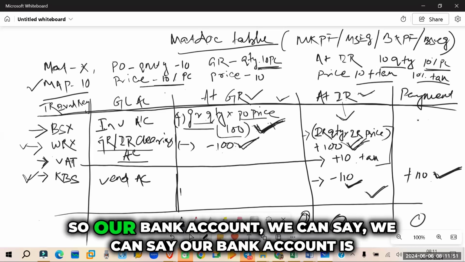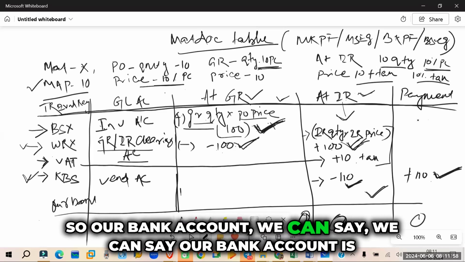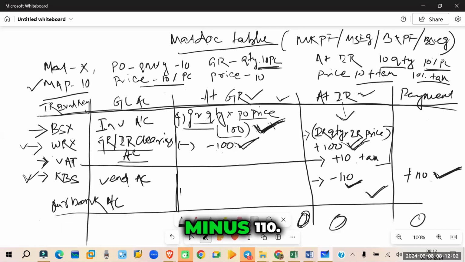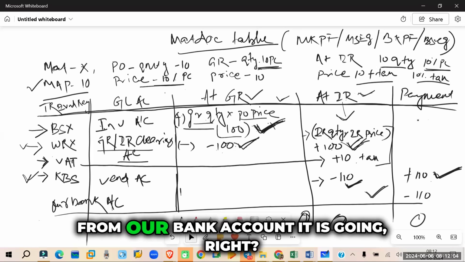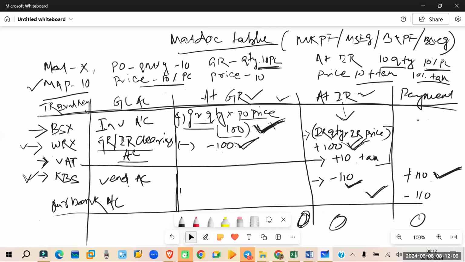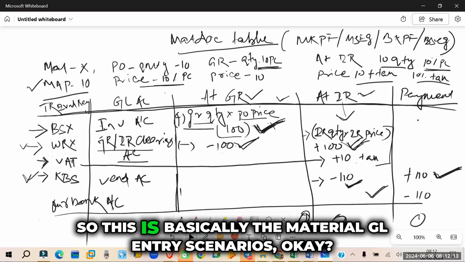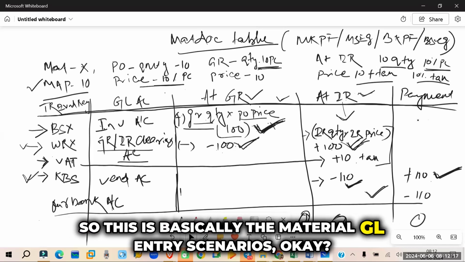So our bank account, we can say, is minus 110. From our bank account it is going, so it's a negative, right? Yes, sir.